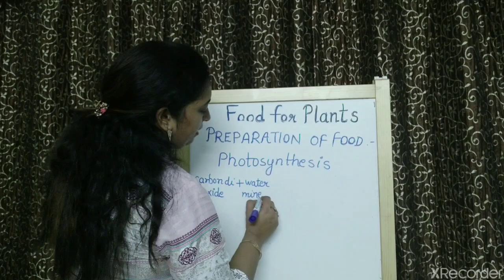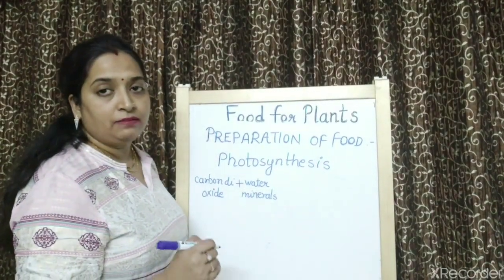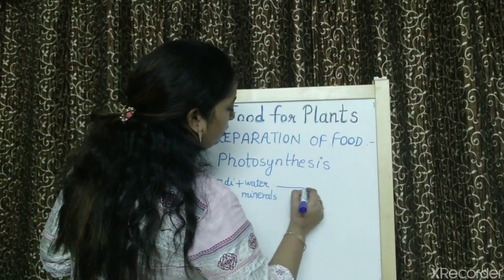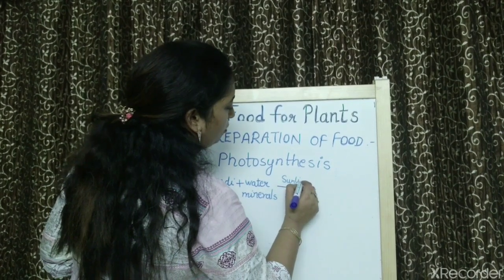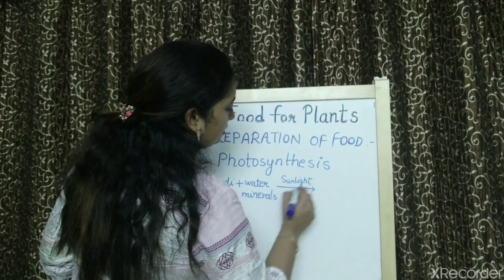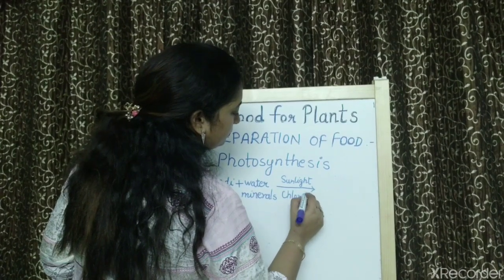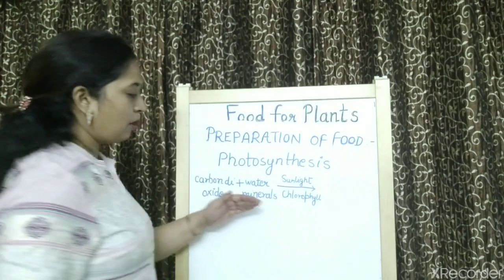And how do they take water and minerals? They take water and minerals with the help of roots. Then what do they use? They use sunlight. And how do they absorb sunlight? By the pigment called chlorophyll. So this is about raw material.